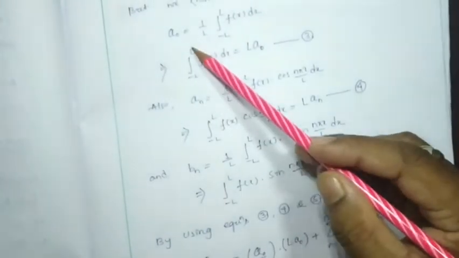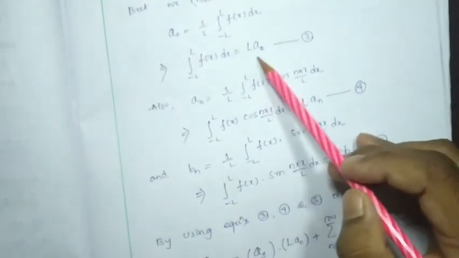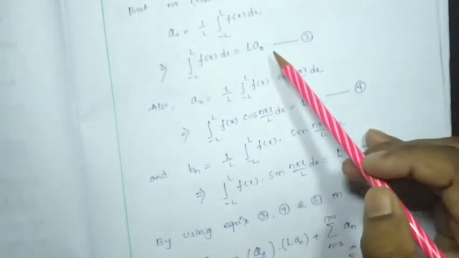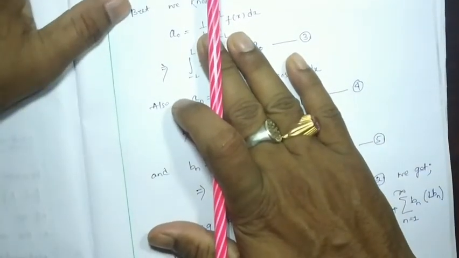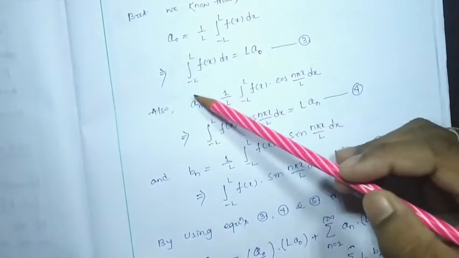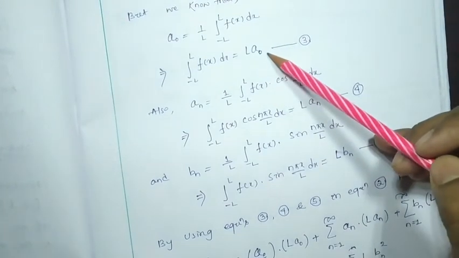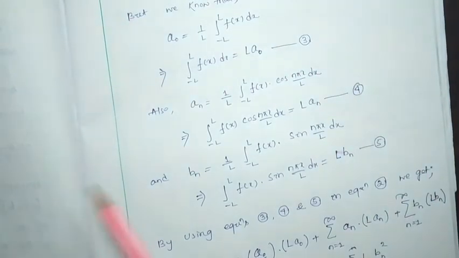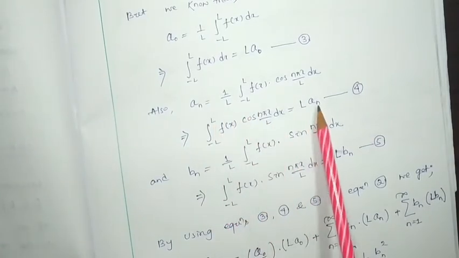See, integral from minus L to L of f(x) dx will be considered as L a0. So in equation number 2, instead of integral from minus L to L of f(x) dx, I have to put L a0. Similarly, in equation number 2, instead of this one, I have to write L an.